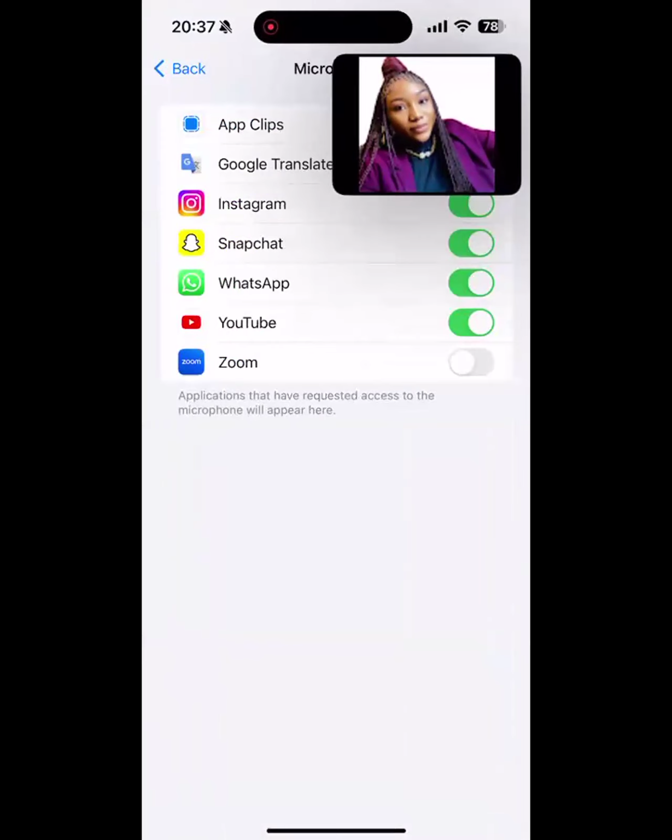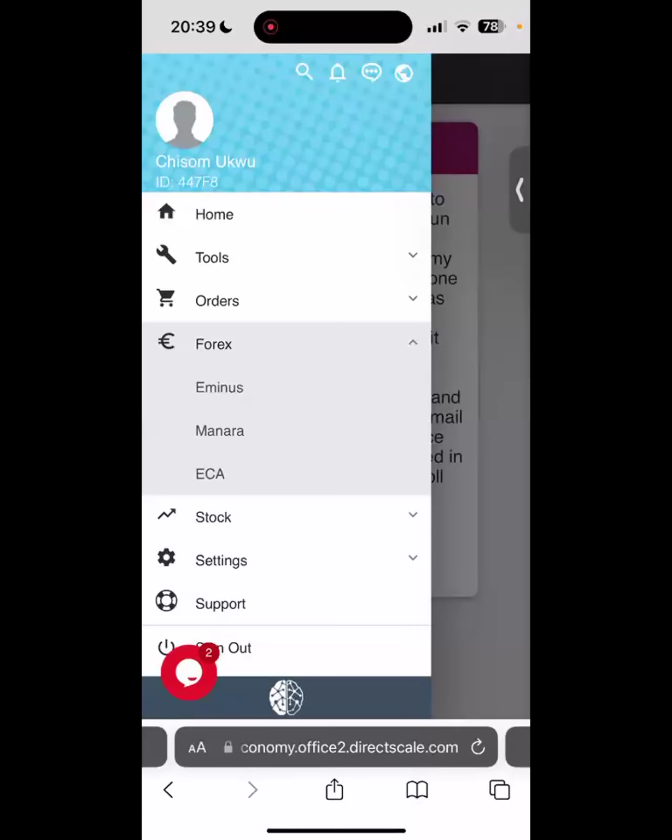So turn your Zoom on because I see Zoom is not on. Look at it down here. Zoom is not turned on, so just turn it on below. Okay. I've resumed recording. All right.